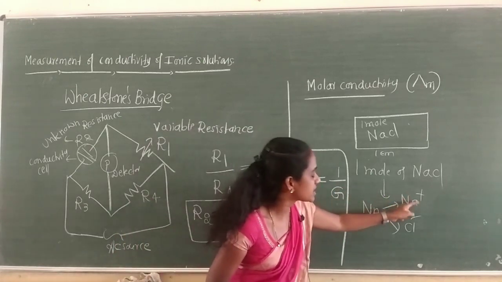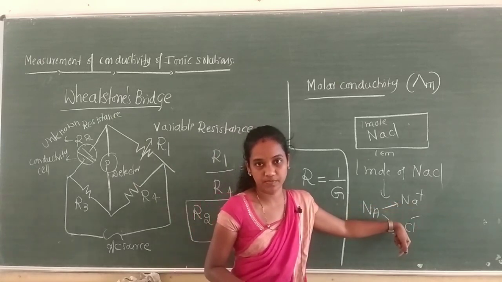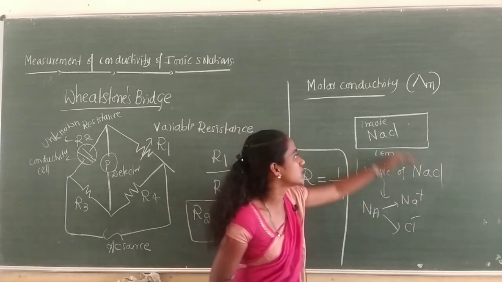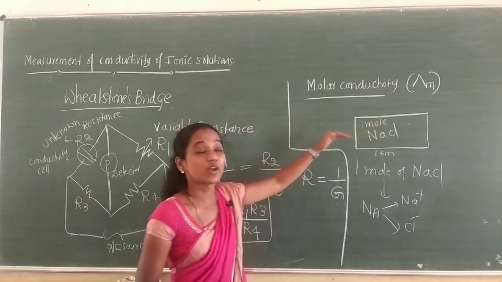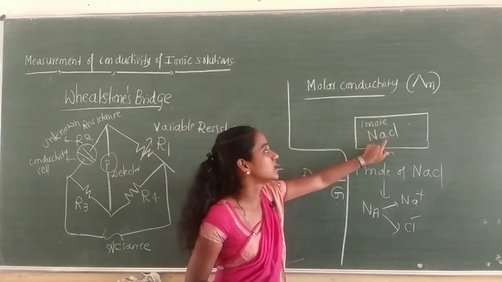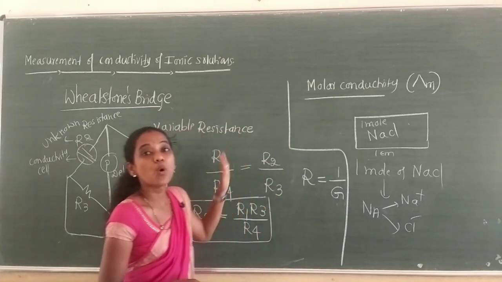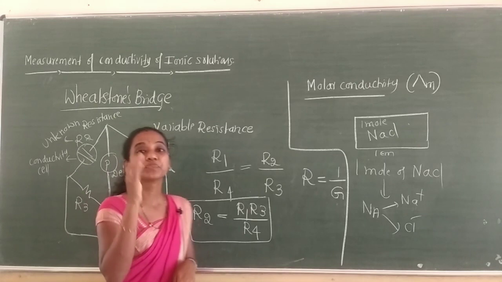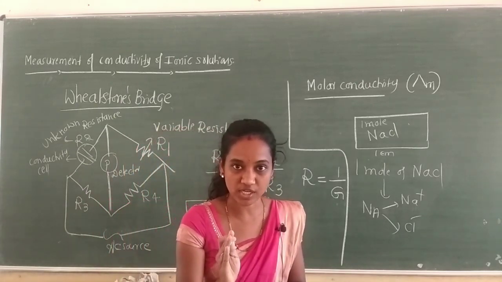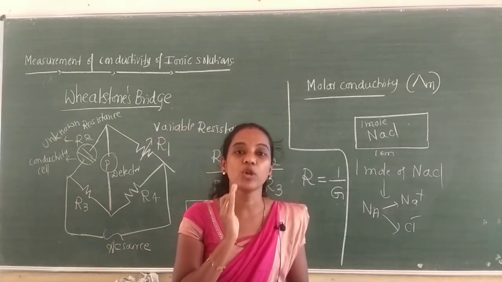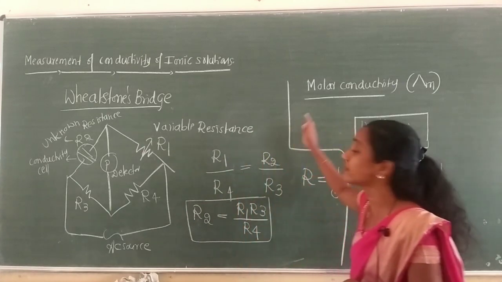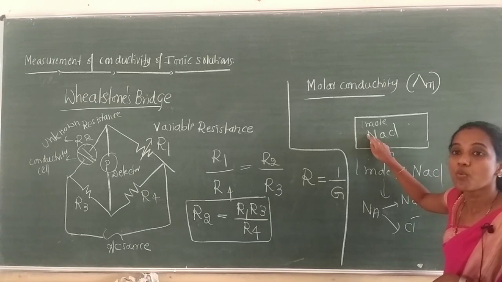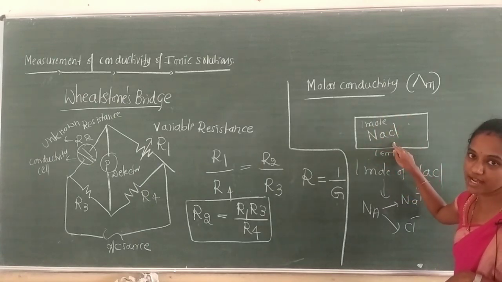Due to the presence of all these ions, whatever conductivity you get here is nothing but molar conductivity. So what is the definition of molar conductivity? It is the conductivity of a solution containing 1 mole of the electrolyte, or the conductivity of a solution produced from 1 mole of electrolyte.